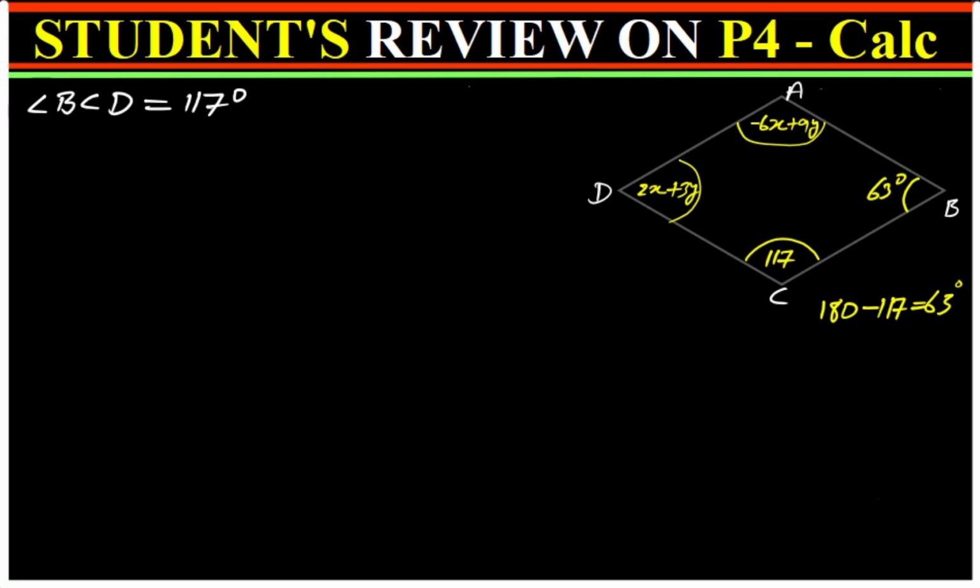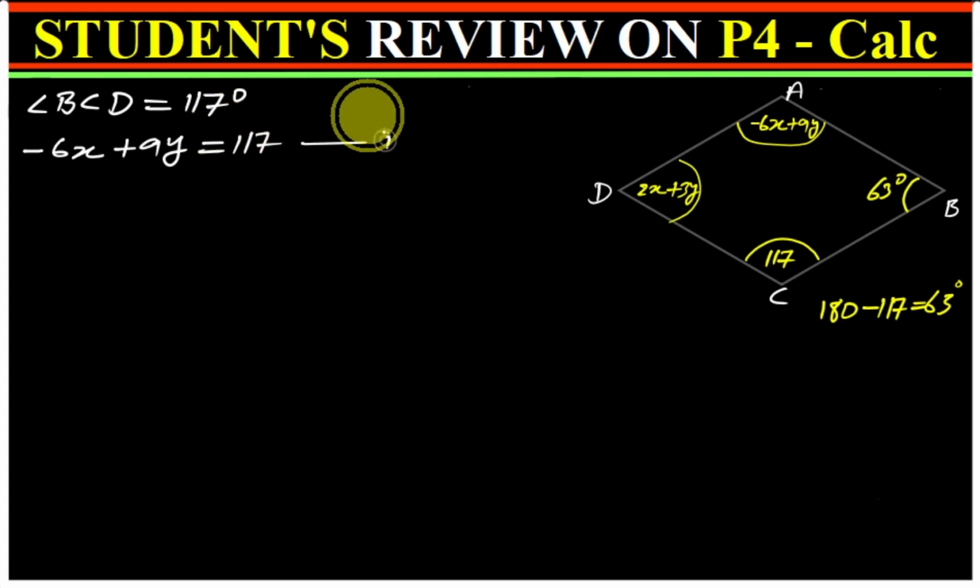Now let's see how we can write two simultaneous equations here. First, we know that the opposite angles of a rhombus are equal. So angle A will be equal to angle C. So we can write the first equation: minus 6x plus 9y will be equal to 117.